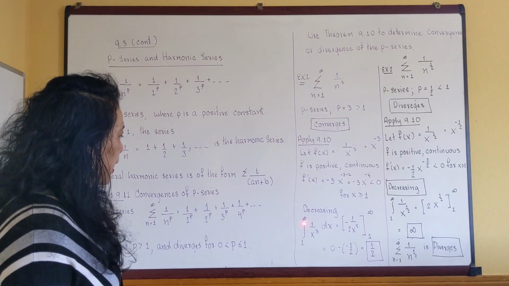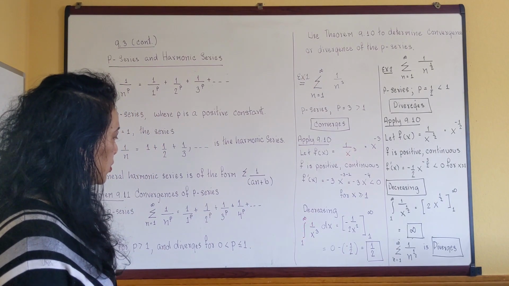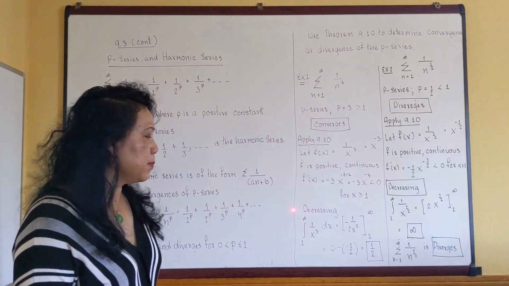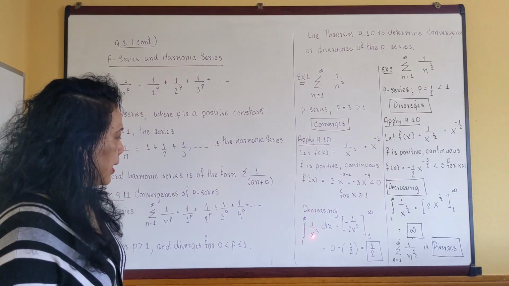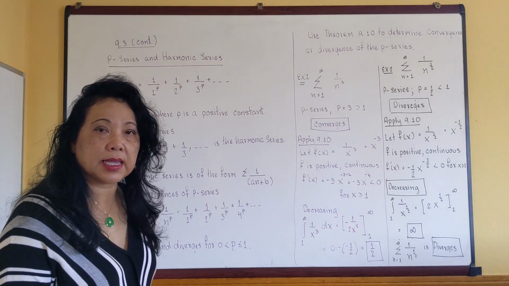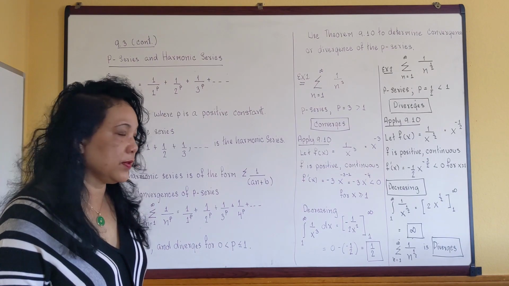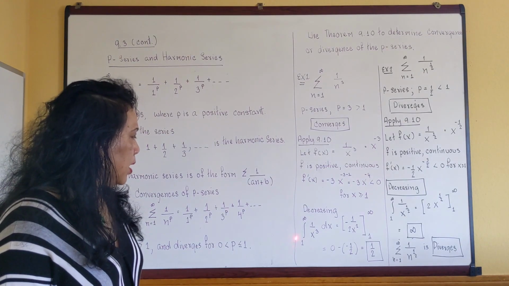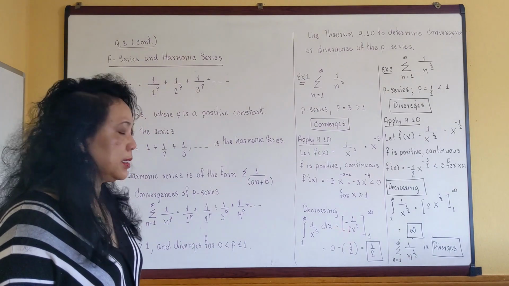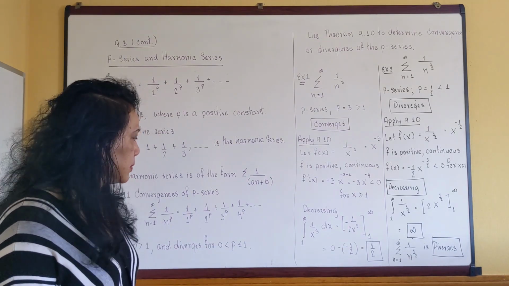I take the integral of the function from 1 to infinity. As you can see, this is an improper integral because I have infinity as a limit. Normally, we take the limit as a goes to infinity of the integral from 1 to a. If you want to review that section, it is in the previous lecture.